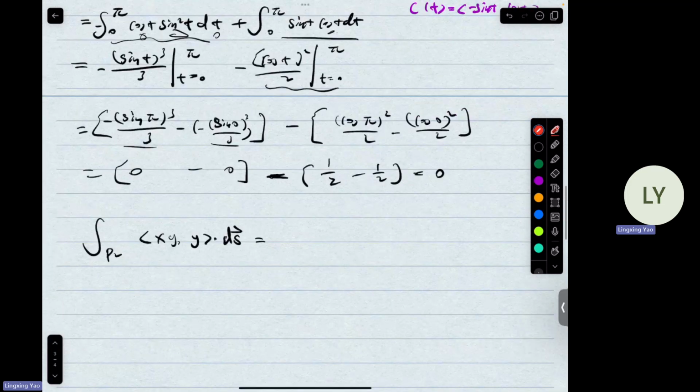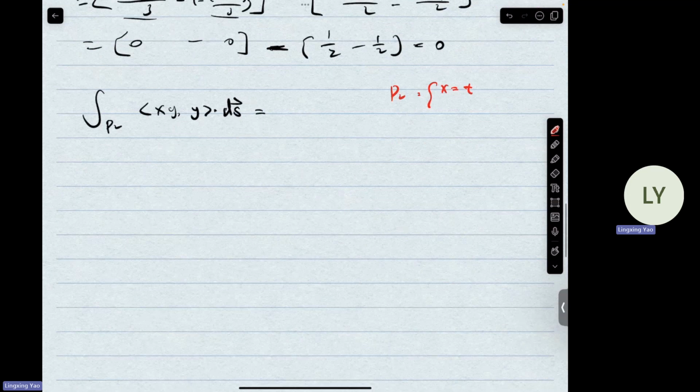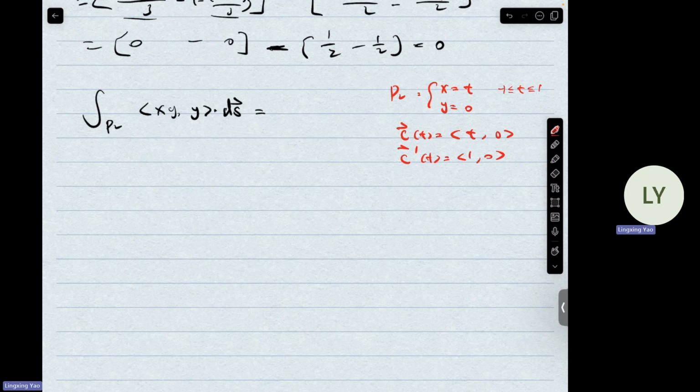So here, P2 can be parameterized as x equals t for t between -1 to +1, and then y equals 0, I think. Is that right? Okay, so this is what we have. Okay, I think I have to pause a little bit.